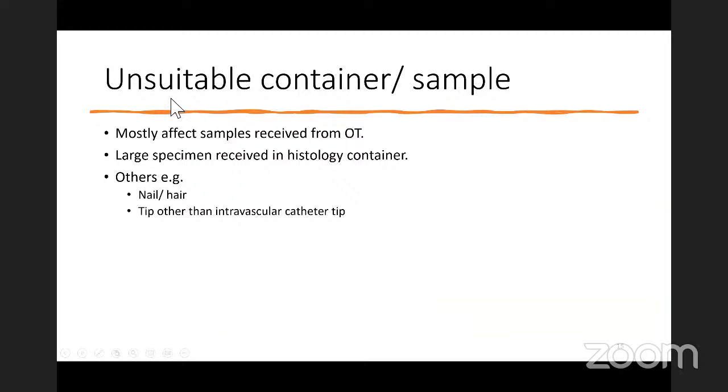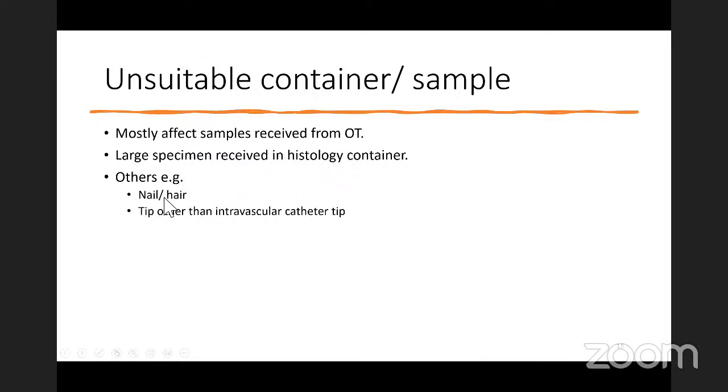The third most common rejection is due to an unsuitable container or sample. This mostly affects samples we receive from OT. Most of the time, a large specimen is sent in a histology container. This is not a suitable container for culture and sensitivity tests. You should stick to a sterile yellow cap container.